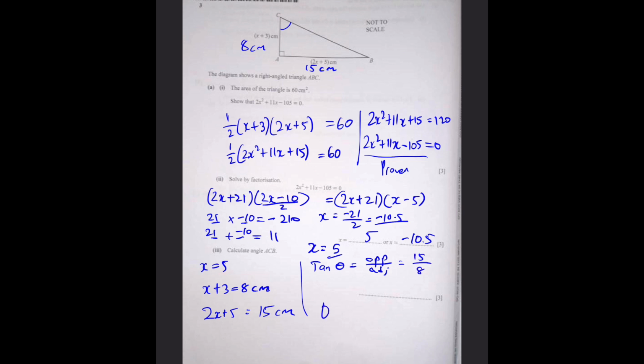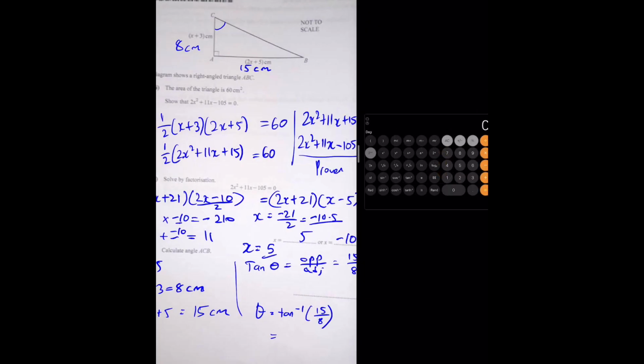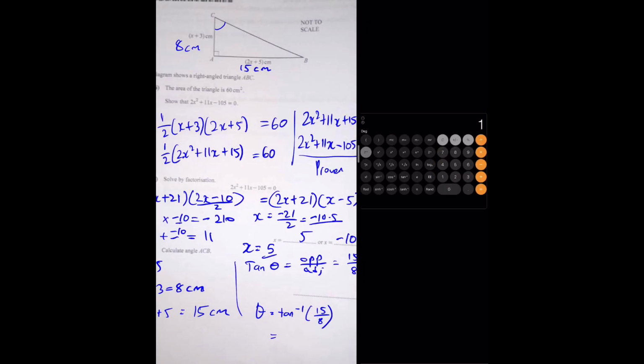And that means theta will be tan inverse of 15 by 8, which we can do with our calculator. So 15 divided by 8, and then tan inverse, to get 61.9 degrees.